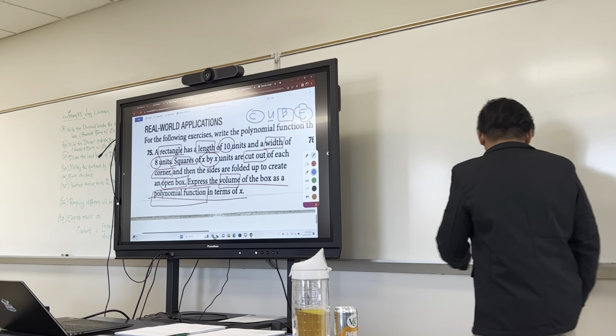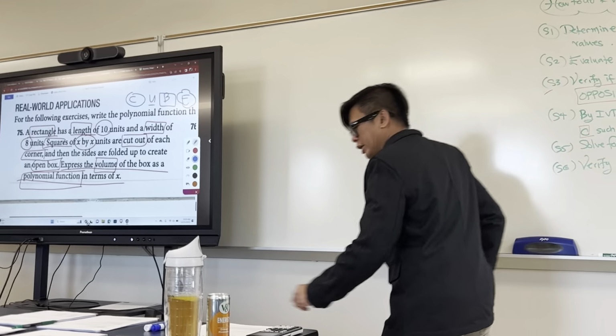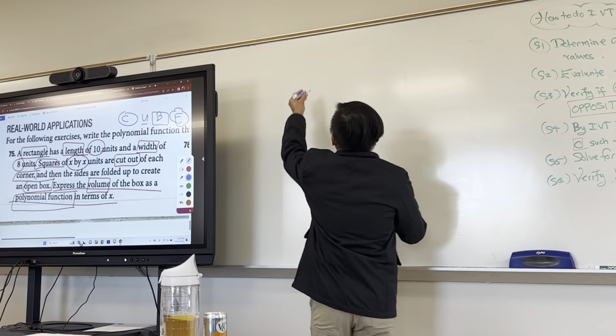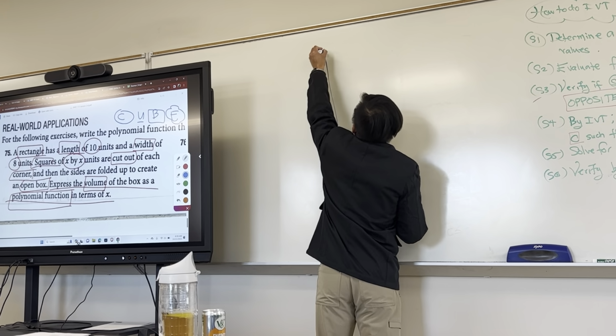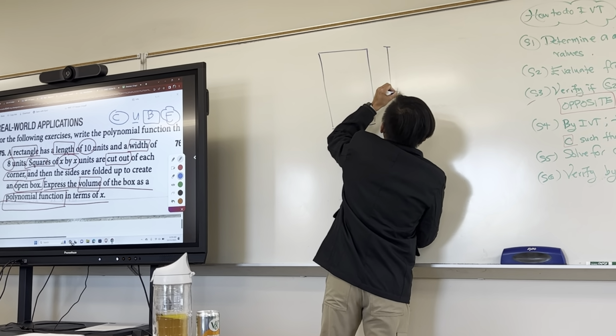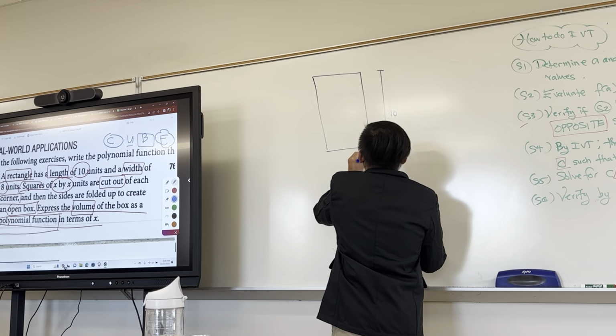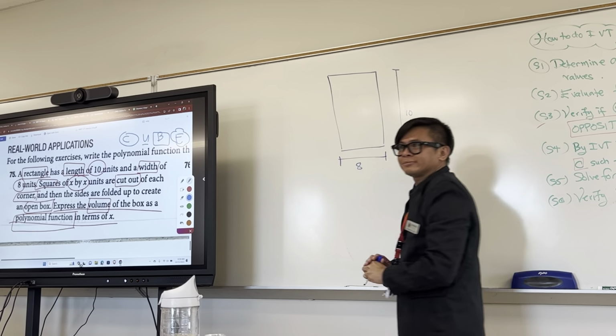Well, let's visualize first, right? How does it look like? All right, so here it is. Let's draw first a rectangle of such dimension. The length is 10. The width is 8.